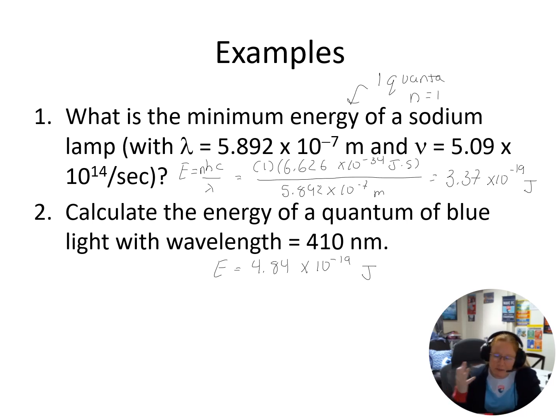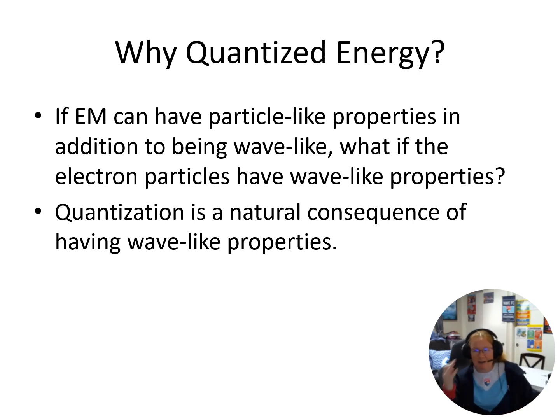So why do we have this quantized energy? Well, this comes into play with the fact that we've got these particle-like properties, okay? And so we've got electromagnetic radiation with particle-like properties in addition to the wave-like properties. So what if our electrons, which are particles, also have wave-like properties? And so the quantization comes as a consequence of having those wave-like properties.